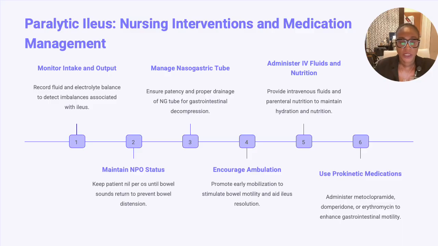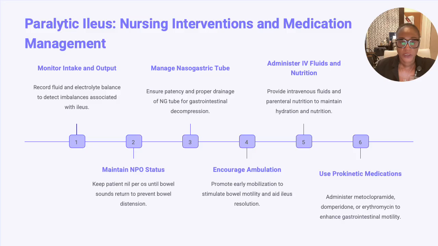We want to encourage ambulation, as we know ambulation helps to promote peristalsis so that we can get those contents moving, and then administer IV fluids such as normal saline or an isotonic solution or parenteral nutrition, however the primary healthcare provider prescribed for the patient.